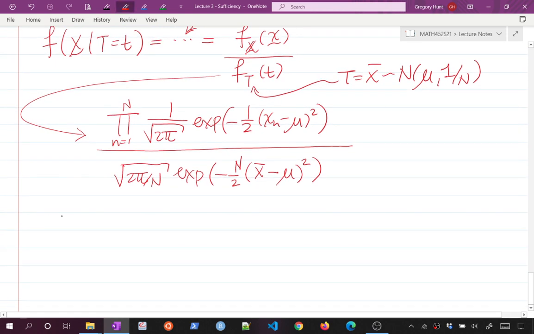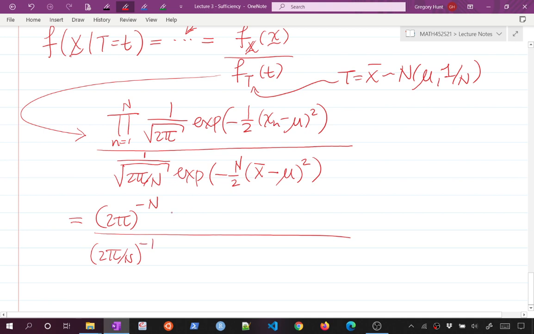And let's do some simplification. The top we can say is 2 pi to the negative n over 2, because there are n of them. The bottom is, of course, 2 pi over n to the negative 1 half. And the top, we can push this product through. The fact that I've used over and over is that the product of e to the a_n is e to the sum of the a_n's.